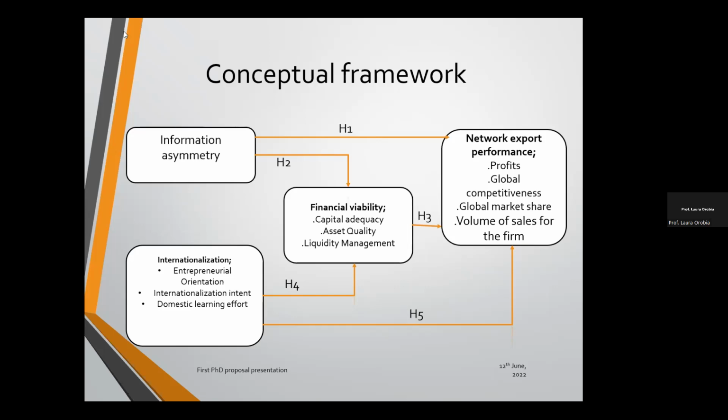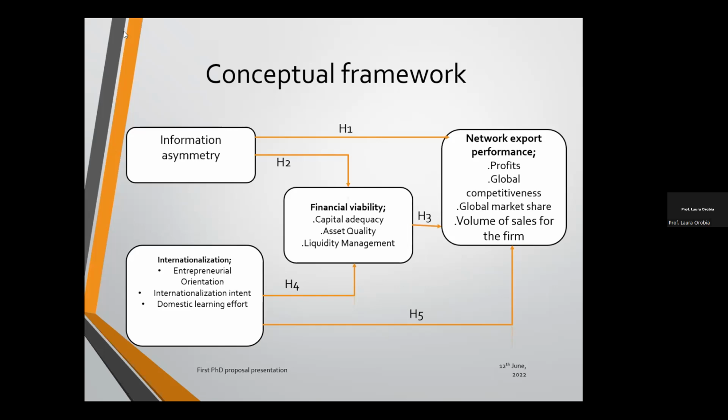So the question again is, what is internationalization in your study? Go back and think about that. Good enough, you have a number of people who have done research in this area, starting with Professor Ngoma. Look at his work. Financial viability, capital adequacy, asset quality, liquidity management.